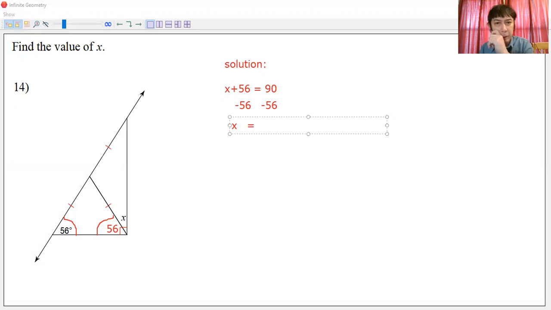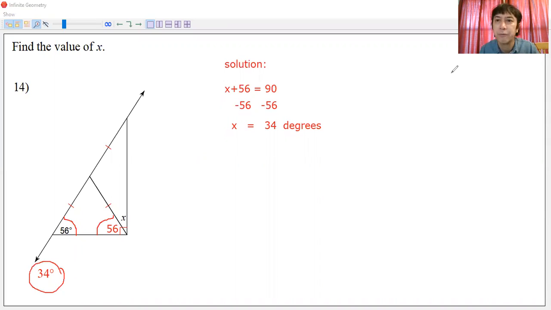That will be 34, 34 degrees. 34 is the answer. You can see the confirmation at the bottom of the diagram, the blinking red number. That's the answer for the x.